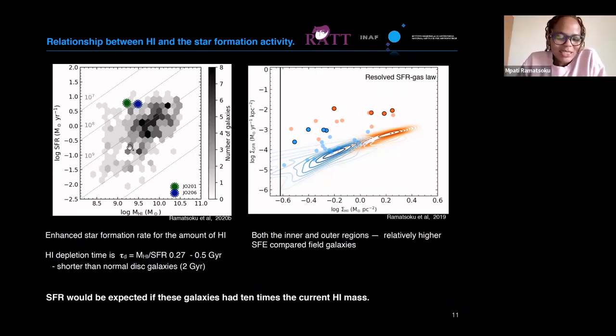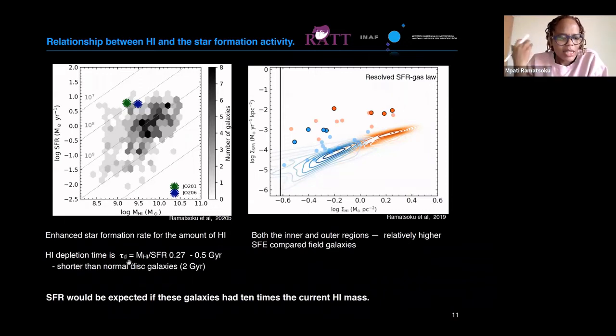So what we're finding is that the two galaxies lie above the general population of galaxies of similar stellar masses. And once again, there seems to be some form of enhanced star formation activity for the amount of H1 that these galaxies have. And here we're talking about the entire galaxy, right? So this is a global observation of the entire galaxy.